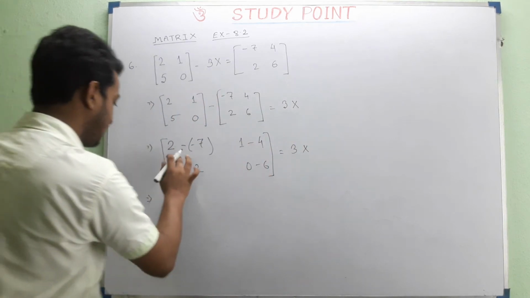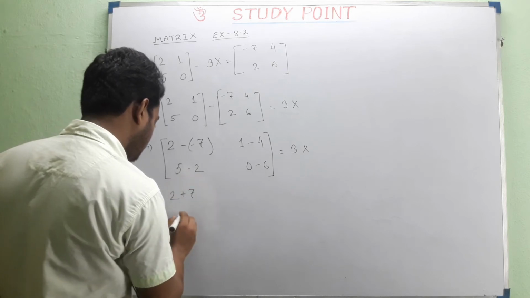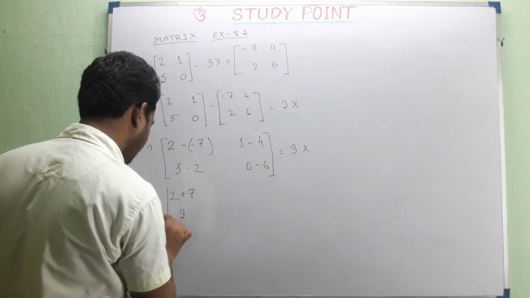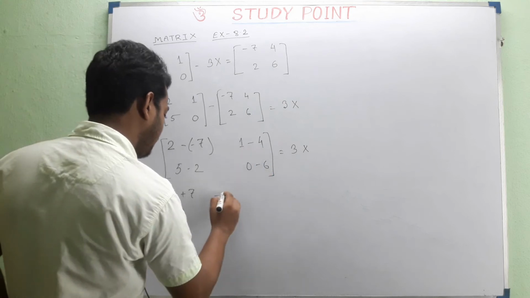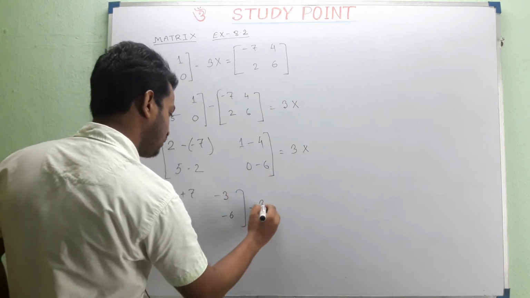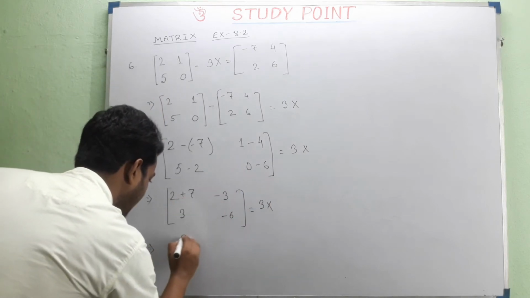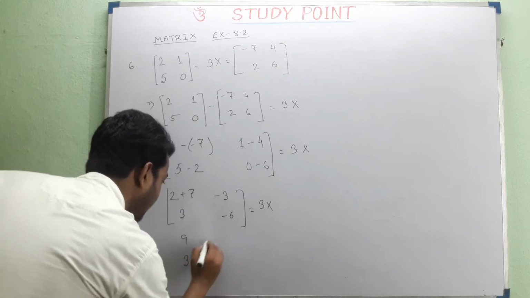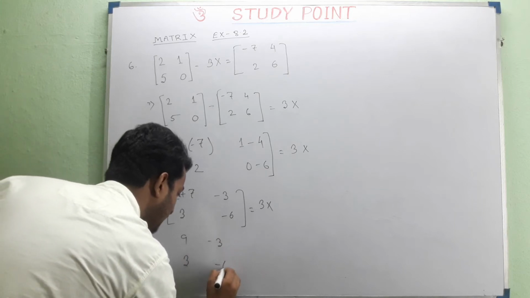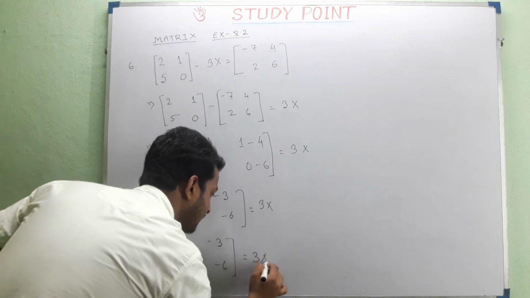Now from here you see 2 minus into minus will be plus 9. 5 minus 2 will be 3. 1 minus 4 will be minus 3. 0 minus 6 will be minus 6. It is equal to 3x. Now after addition it will be 9, 3, minus 3, minus 6 equals 3x.